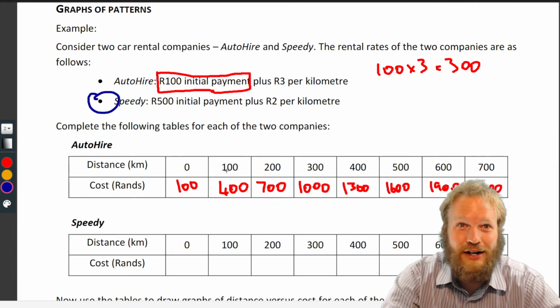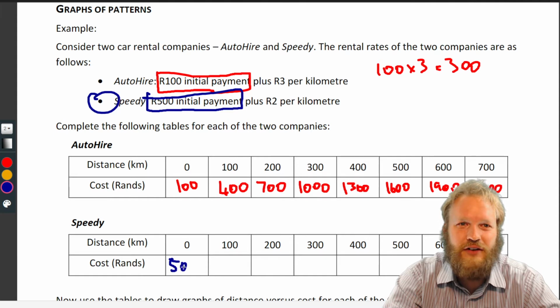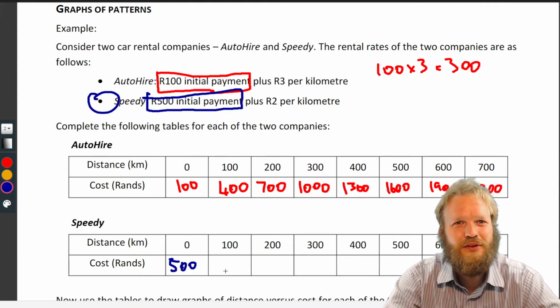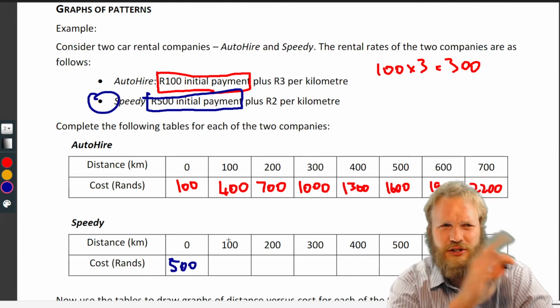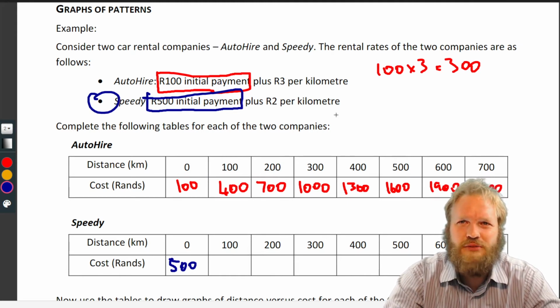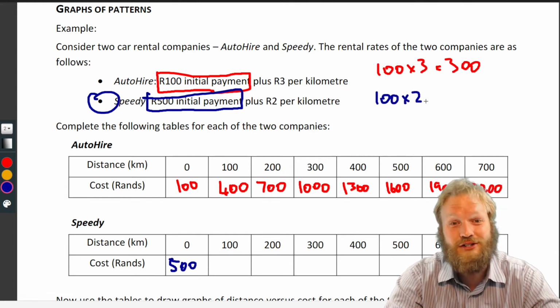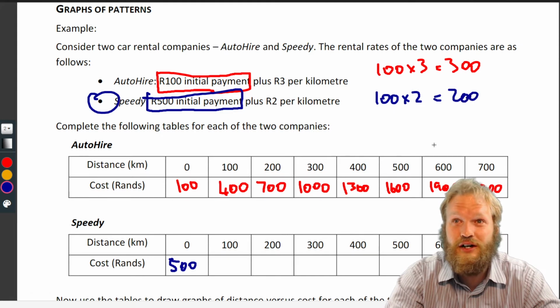Well, if we've hired them and we don't go anywhere, for an initial payment we're paying 500 Rand to go nowhere. Okay, we've got 100 kilometers. How much is Speedy going to charge us altogether? Well, they've got 2 Rand per kilometer, and we've got 100 kilometers, so 100 kilometers times 2 Rand is 200 Rand.